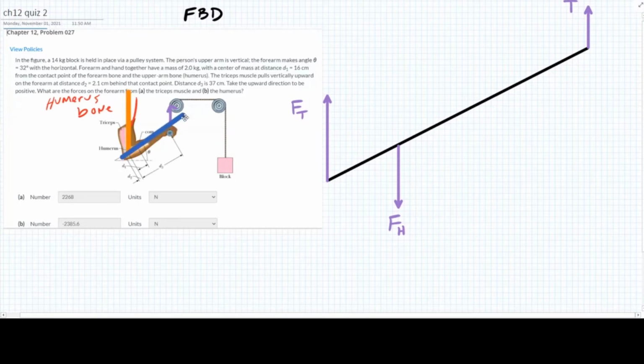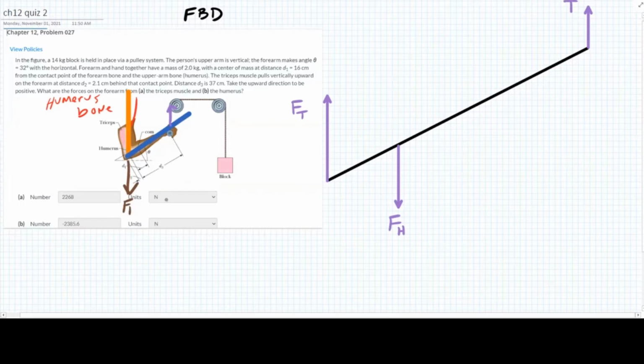This orange bone is exerting a downward normal force, because we're basically thinking this is a point-to-point connection. So it's the very end point of that humerus orange bone connecting with a point contact on the forearm bone. And that's why I'm saying this is the force. The humerus bone is exerting a downward normal force onto the forearm bone.